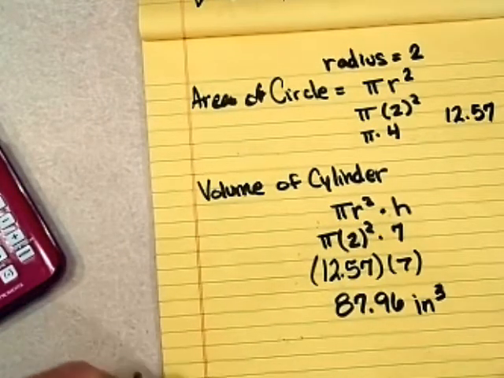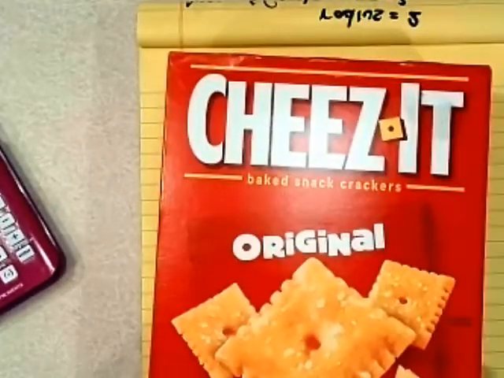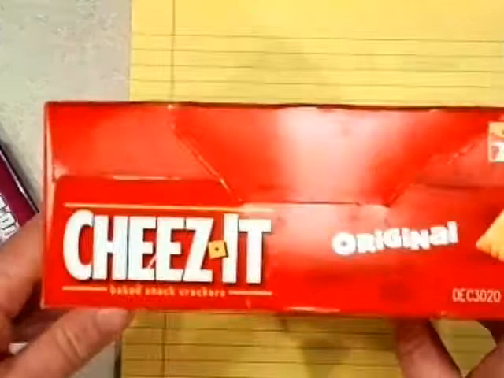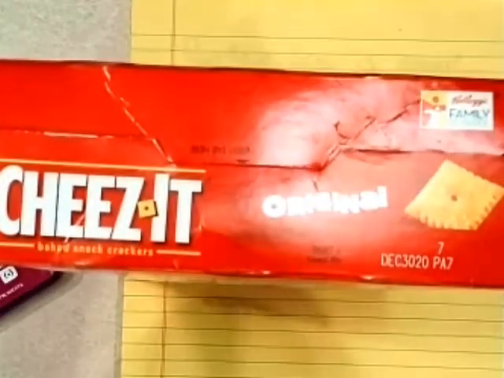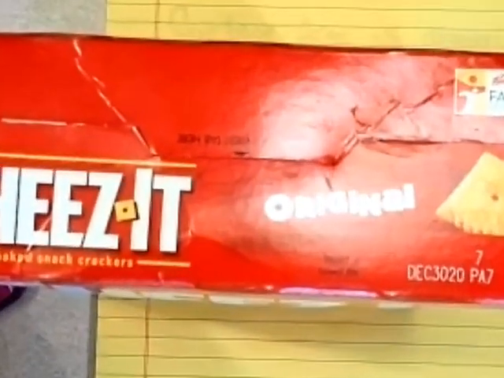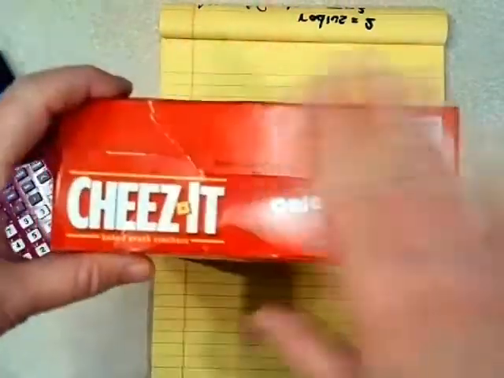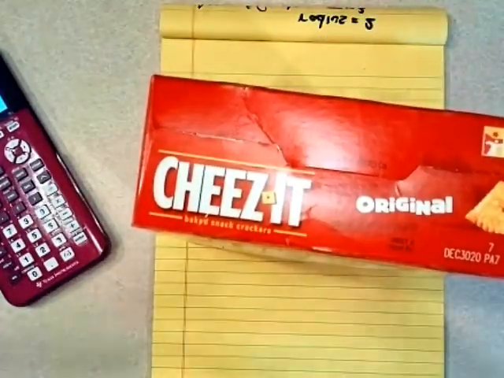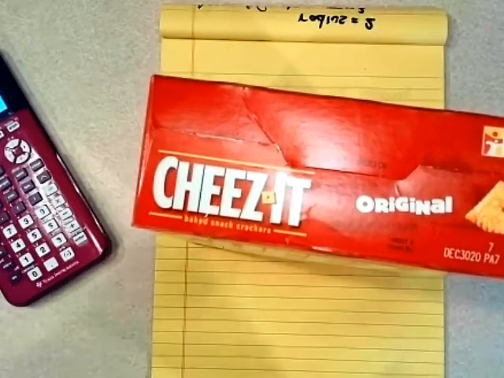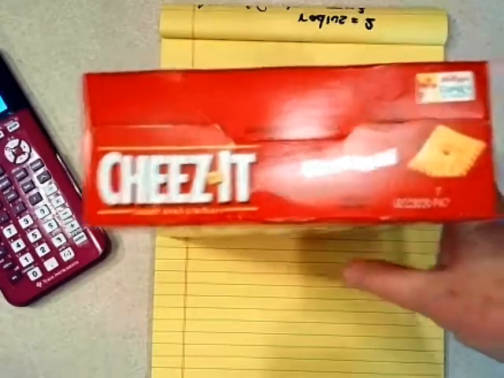The next thing we're going to find the volume of is this Cheez-It box. Again, I'm going to need to know the area of the base. I'm going to call this the base. It's the same thing. So I'm going to find its area. This is a rectangular prism, so the bottom is the shape of a rectangle.